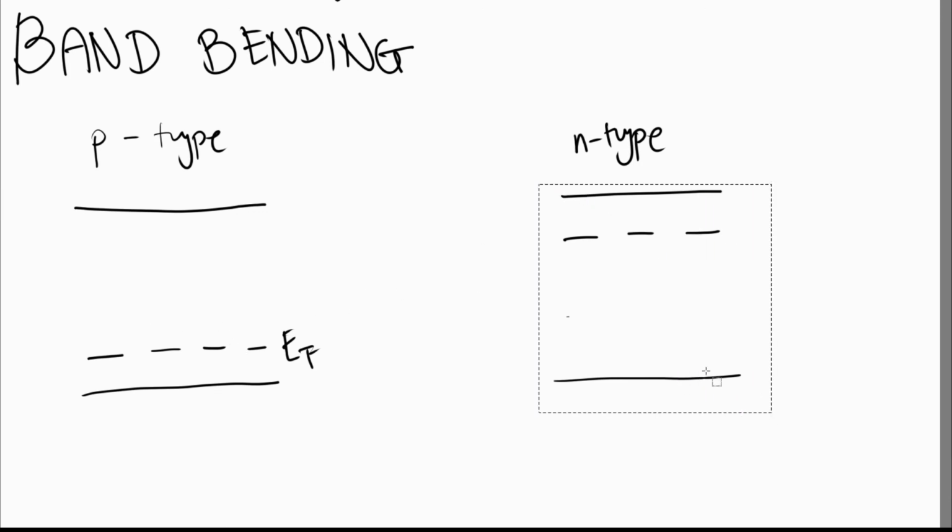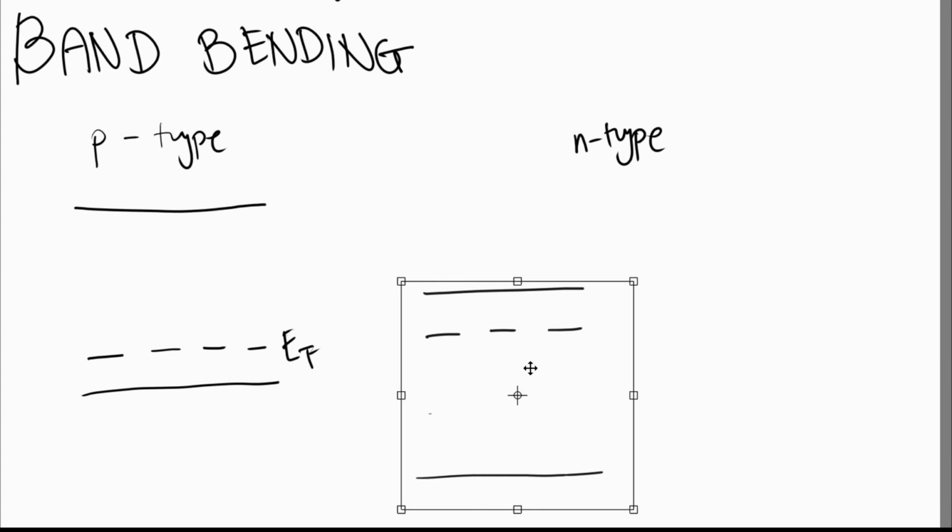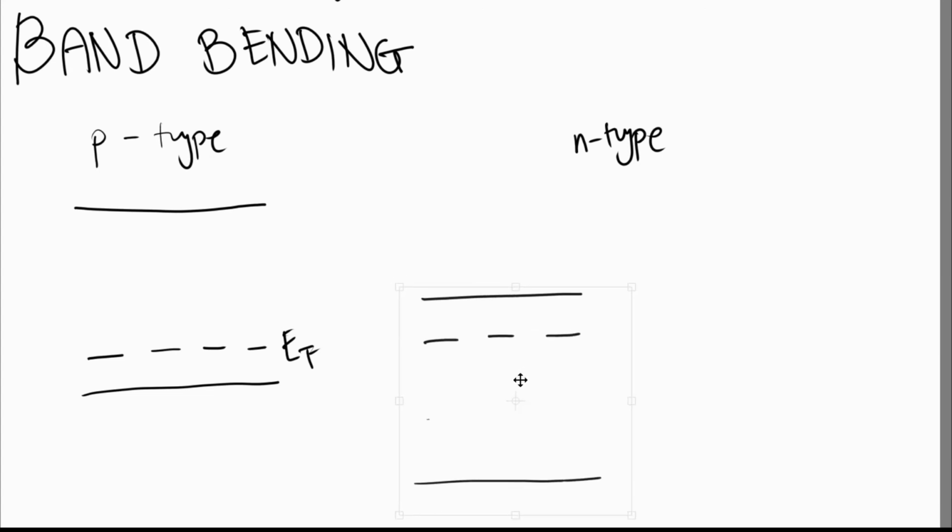So for these two Fermi energies to be at the same level, what would happen upon contact is that the band structures of the p-type and the n-type would align their Fermi energies. Kind of like this one. Yes, it aligns. And this would cause, if we look at this one, band bending in our band structure because we align the Fermi energy EF for the p-type and the n-type.